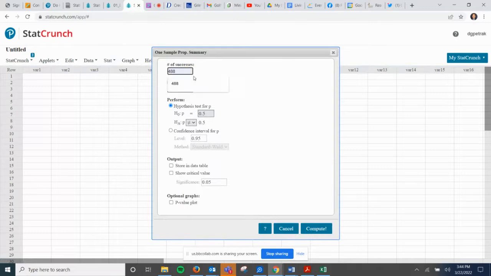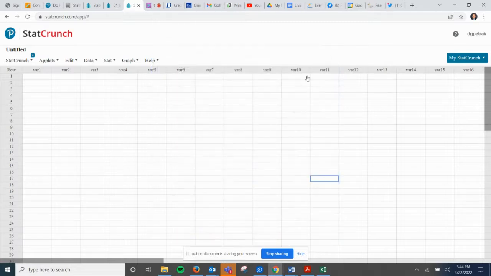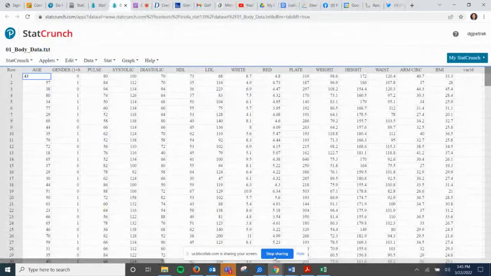Then you can just put the number of successes out of how many, do a confidence test or hypothesis test, and you're done. And then interpret the results. Let me stop sharing here. All right, so is that helpful?